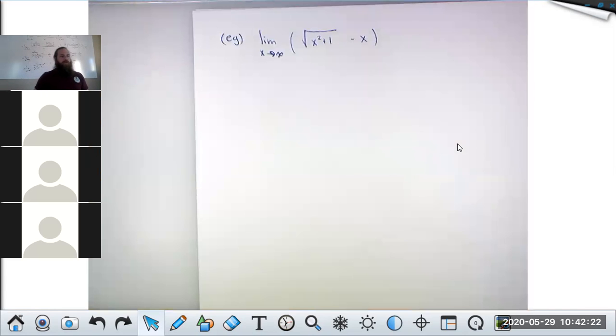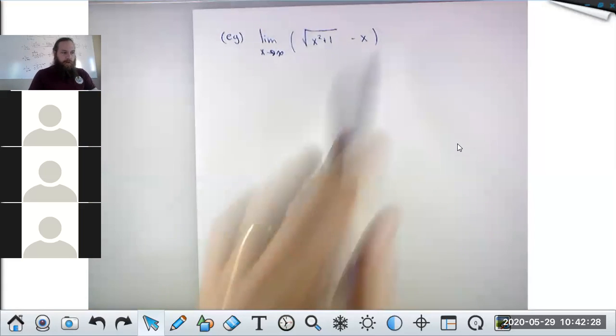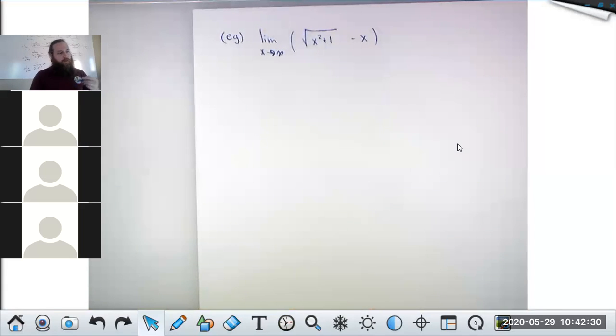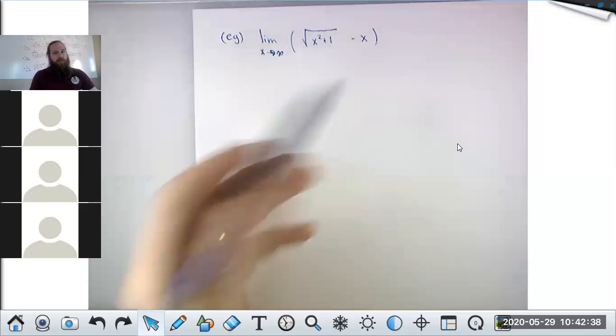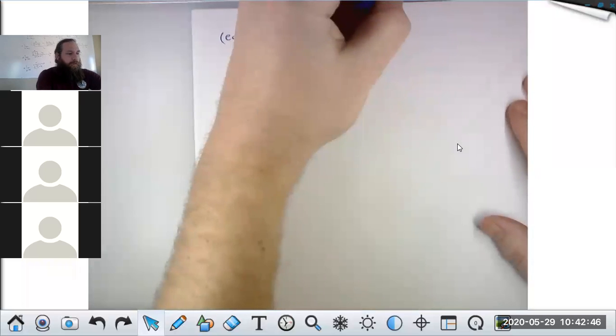If we try to just plug in infinity, then I get infinity squared plus 1 under a square root minus infinity. Infinity squared is infinity. Infinity plus 1 is infinity. The square root of infinity is infinity. So if you try to plug in here, this looks like infinity minus infinity, which is not 0.